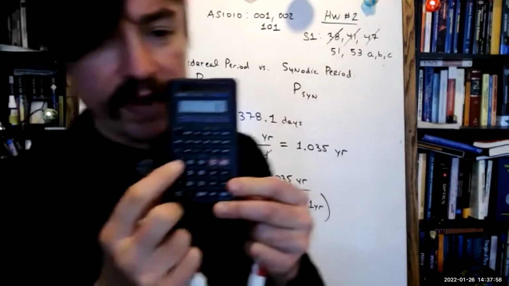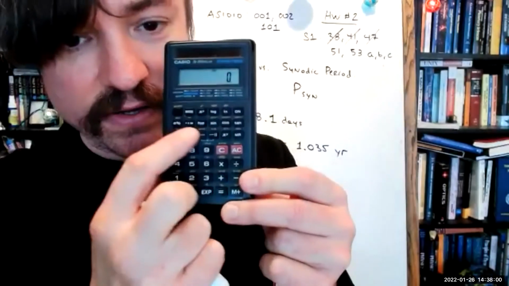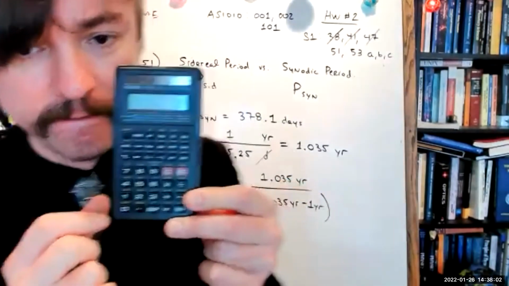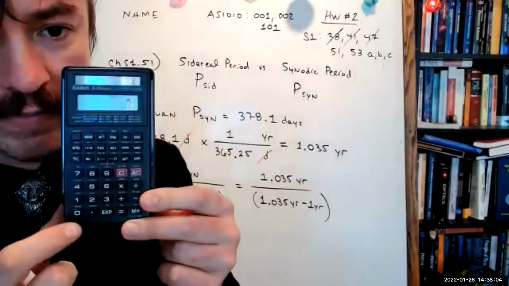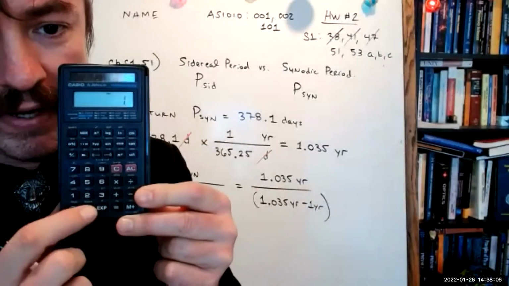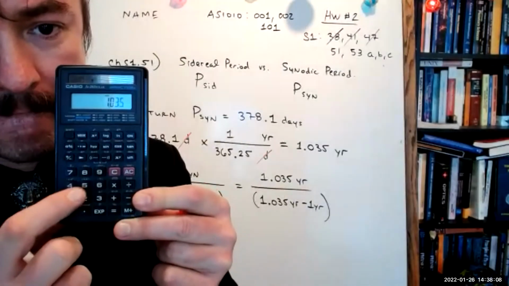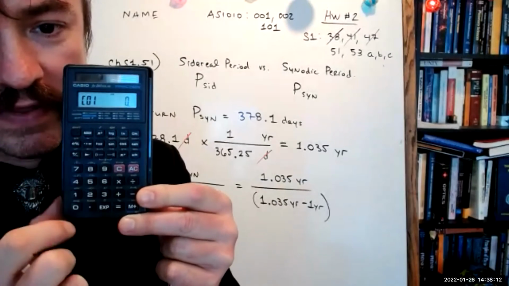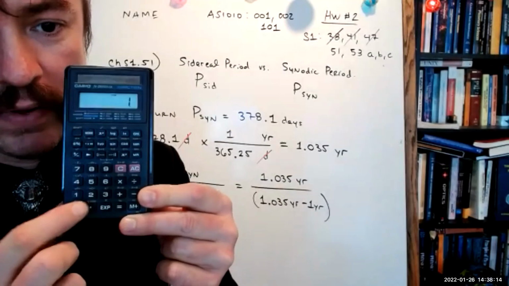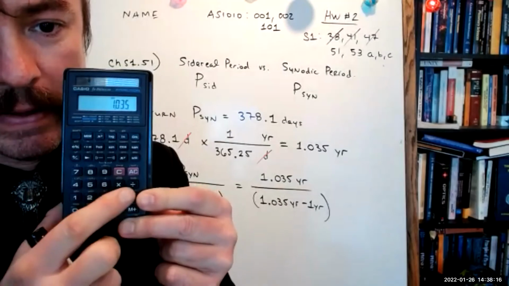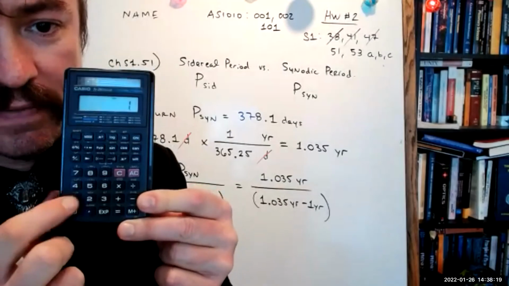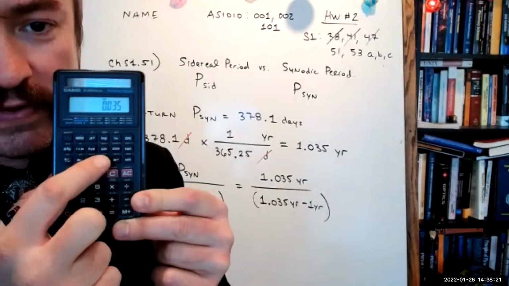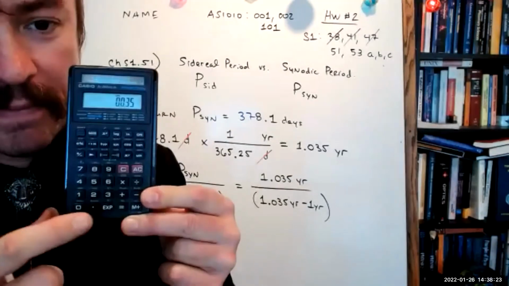This is one of those problems where significant figures really matter. I'm going to use my parenthesis keys for this. Everyone watch and learn here, okay? I'm going to do 1.035 divided by, open parentheses, 1.035 minus 1. First, I'm going to close the parentheses, and that gives me the bottom.